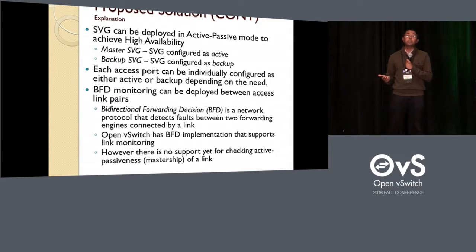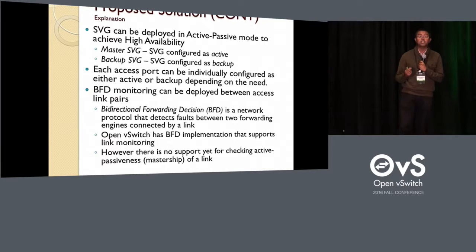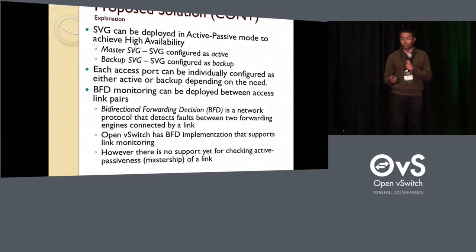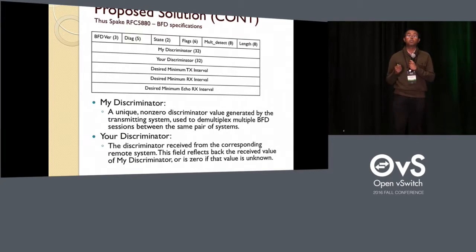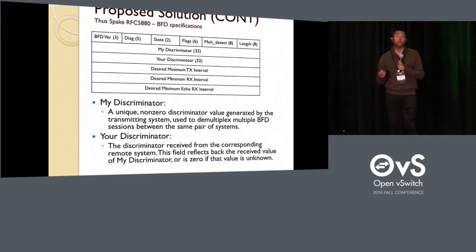It is already implemented, and it supports very good link monitoring services. What is not there yet is the liveness of the link, and what is not there yet is the mastership of the link. What we mean by that is which gateway is master. It is right now not there, and we will see how we have enhanced it to implement that.